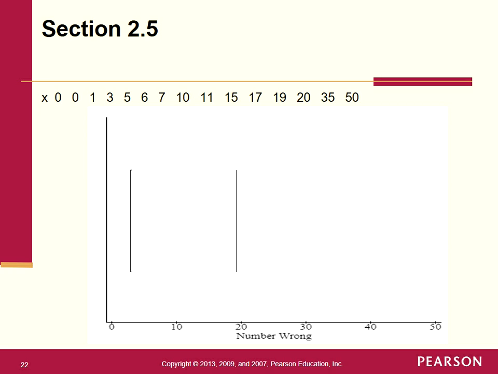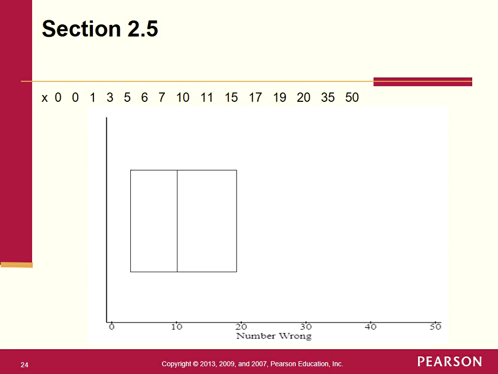Then we're going to draw a line straight up and down at Q1 and at Q3, so we have a line at 3 and a line at 19, nice and parallel with one another. The next thing is we draw in Q2, the median, a line straight up and down parallel to the other two. Then we connect the tops and the bottoms of each of those lines. There's the box portion of the box plot.